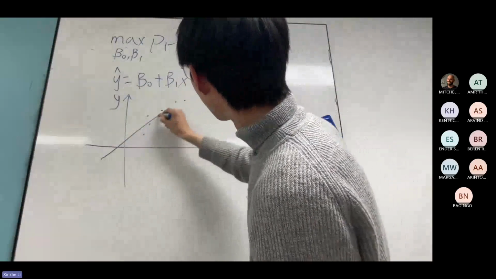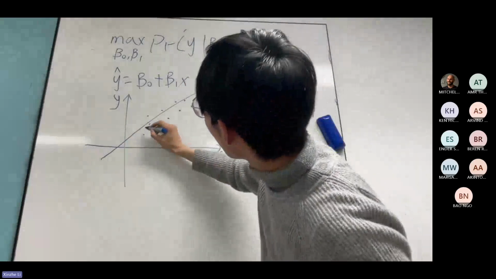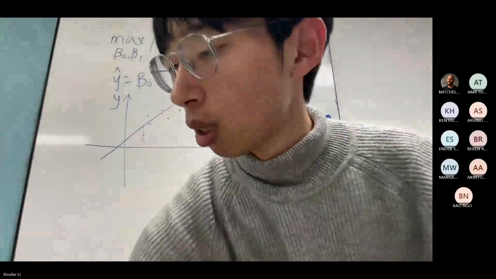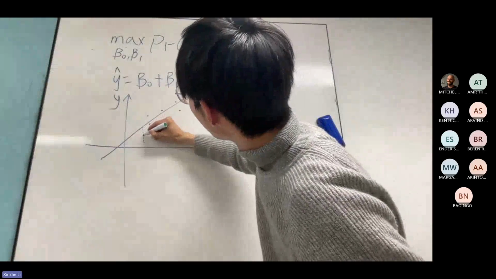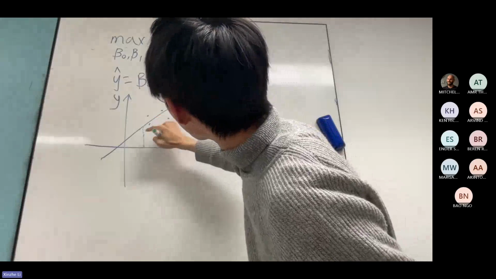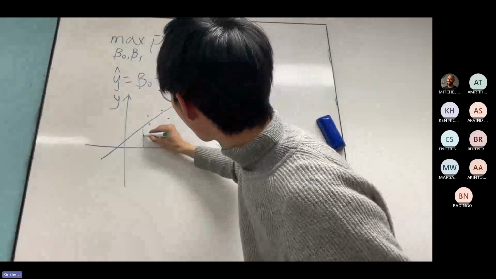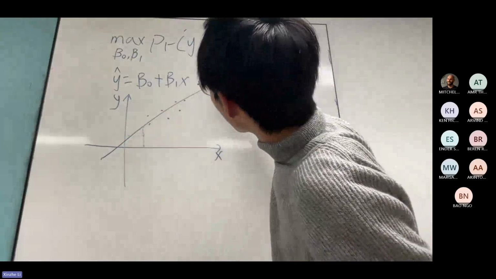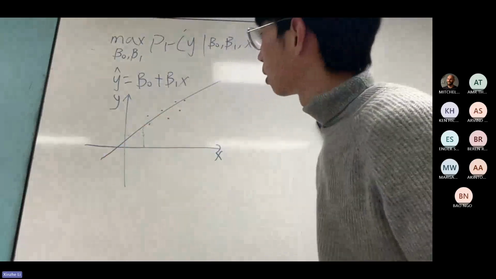We fit a line here. So the prediction is not exactly equal to the value of a true label, even if you use a best fit line, right?